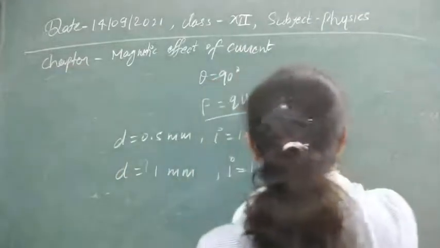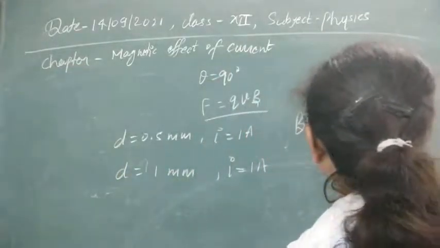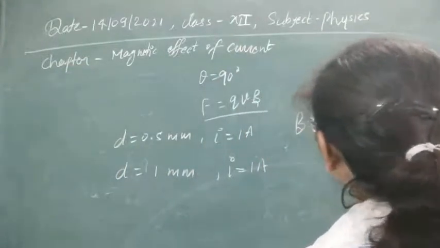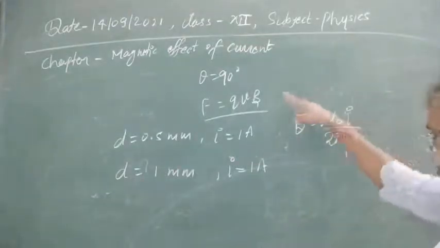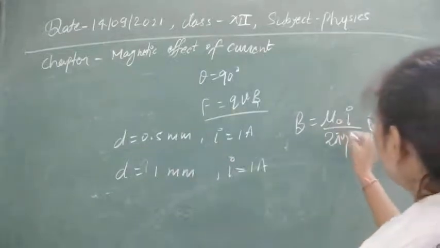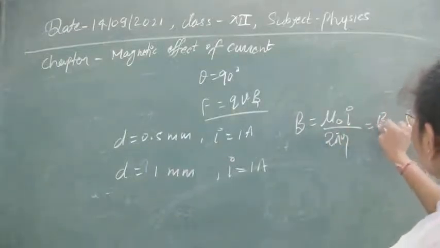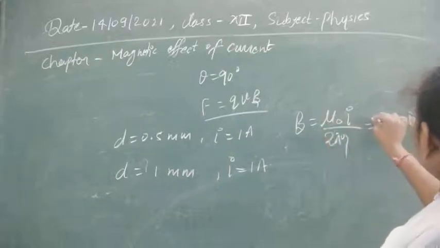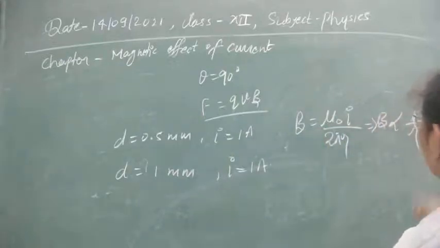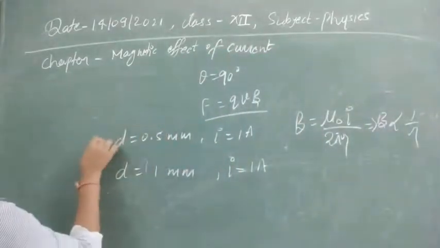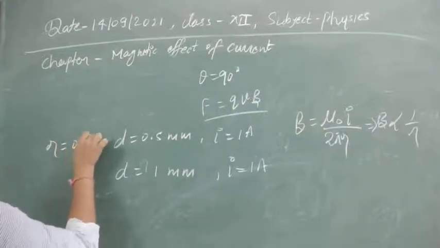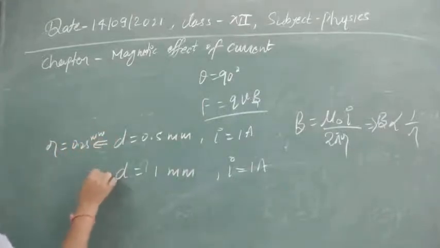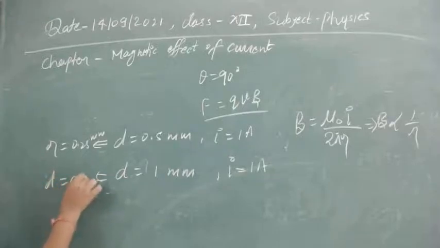So you know, due to any straight wire, the formula for the magnetic field is mu 0 I upon 2 pi r. Whenever the point is very far away from the straight wire, this is the value of the magnetic field. Now for the same current, the magnetic field is proportional to 1 by r. The radius of the first wire is 0.25 mm and the radius of the second is 0.5 mm.